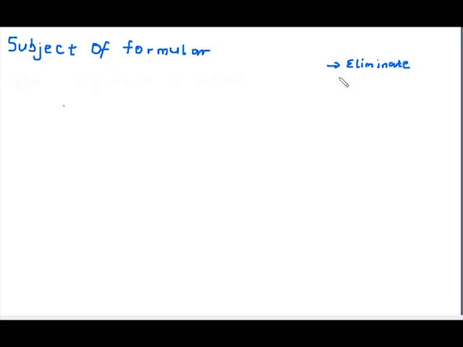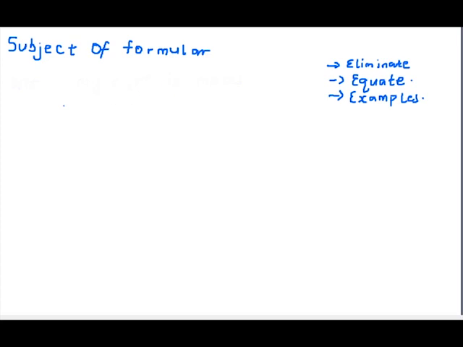The second step is to equate. The third step is examples. So basically, this video is going to be divided into 3 parts to help you understand how to change the subject of formulas.